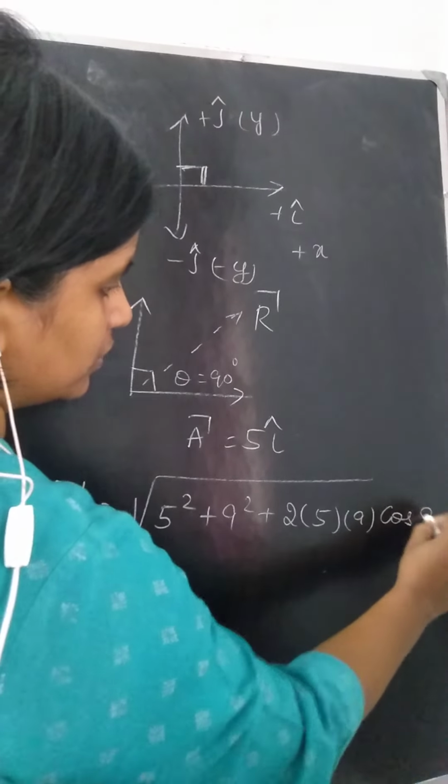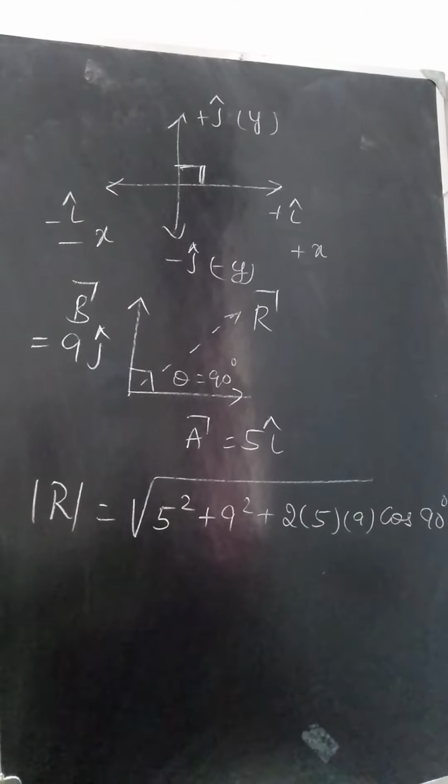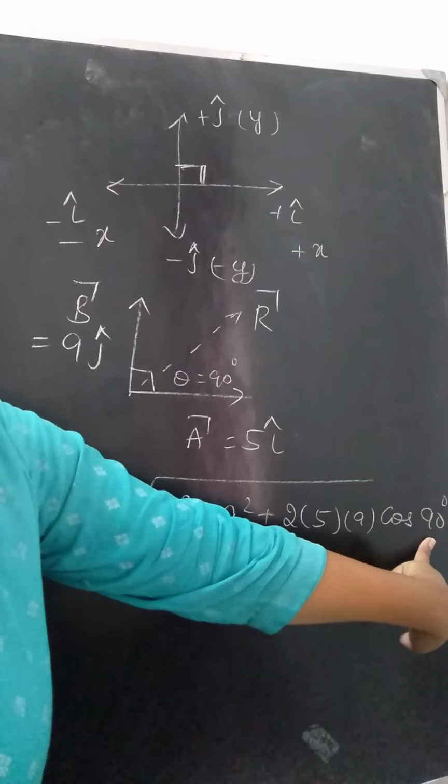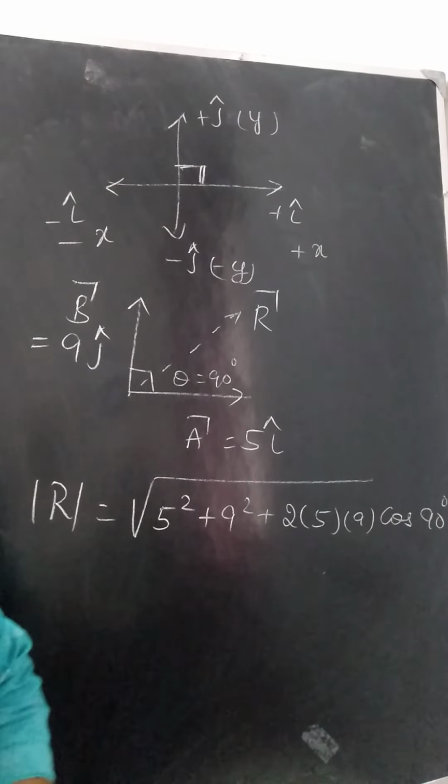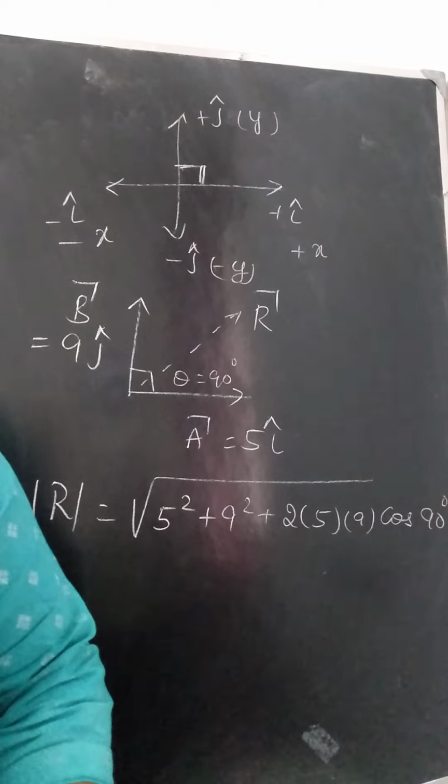So what is cos 90? Cos 0 is 1. Cos 90 is equal to 0. Am I wrong?